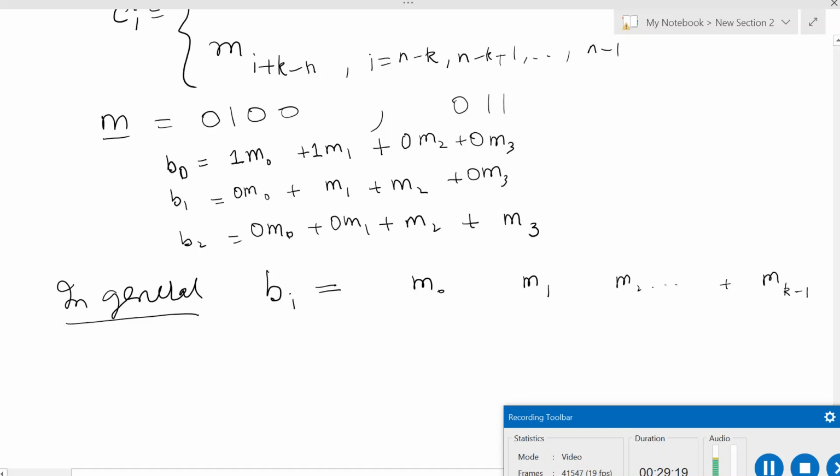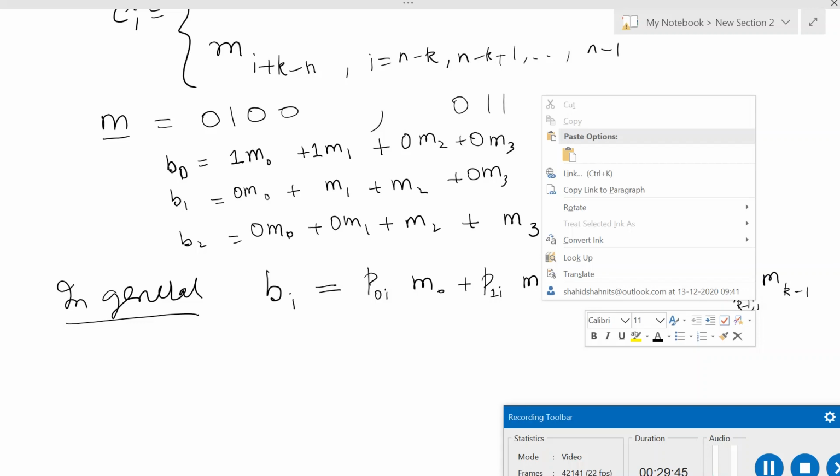Okay, so I will multiply each of these message bits with some coefficient. Suppose I here write P0i XOR P1i XOR P2i, so on so forth, and here I write Pk minus 1i.